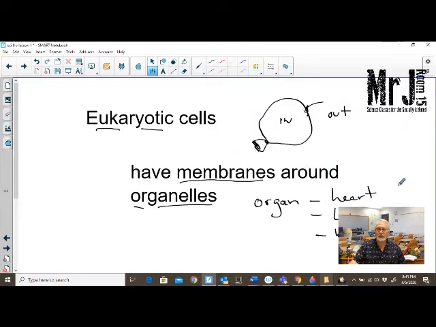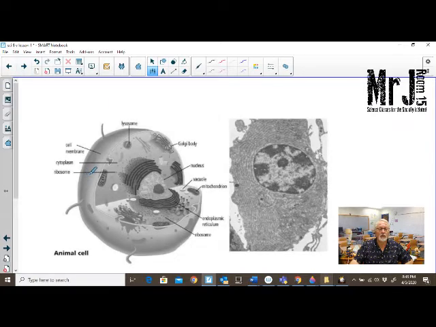So we can do things like heart transplants and liver transplants. We can take those out. They're well defined because they have a membrane around them, or a plastic bag, that's sort of the idea. So when we talk about eukaryotic cells, we're always going to be seeing well-defined objects within those cells, what we call organelles.